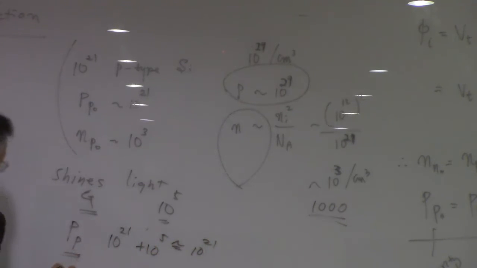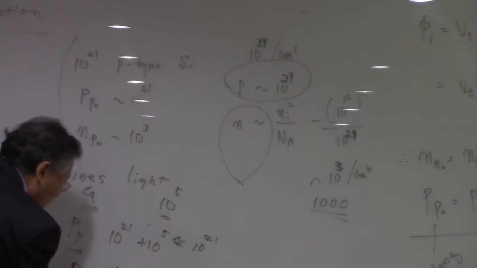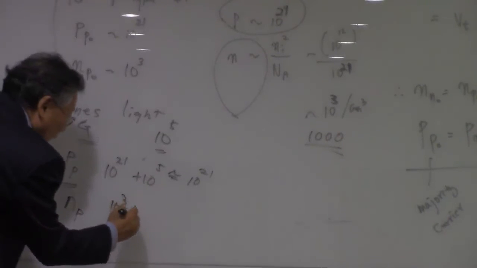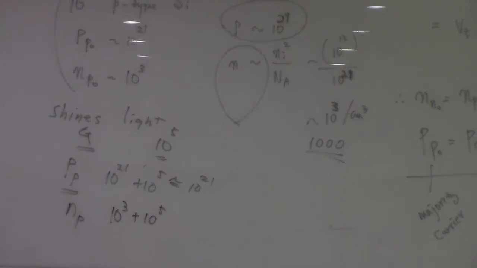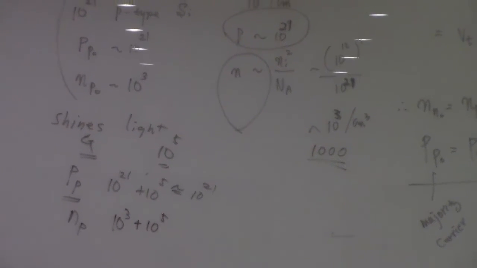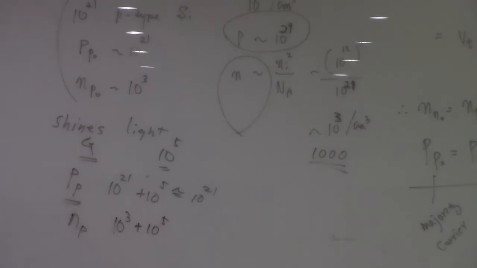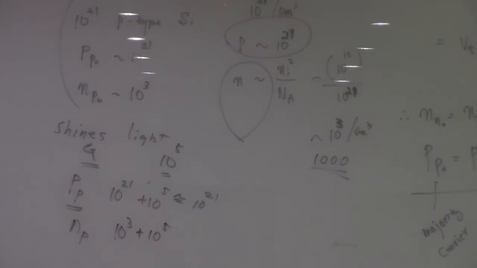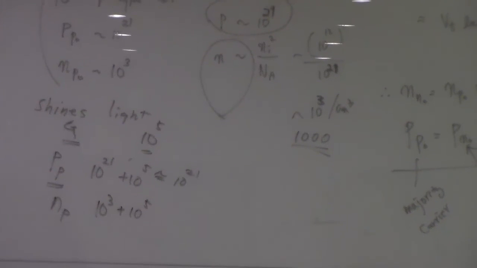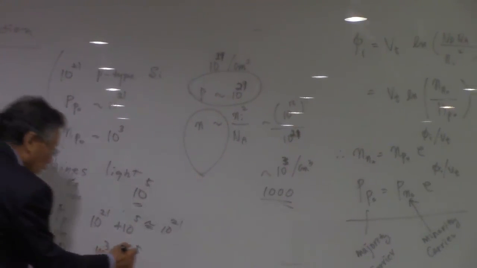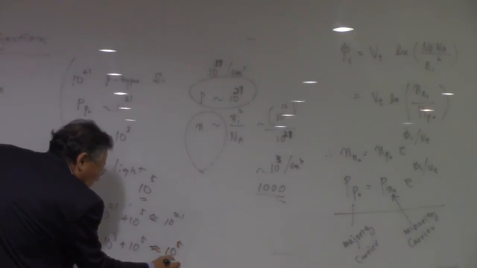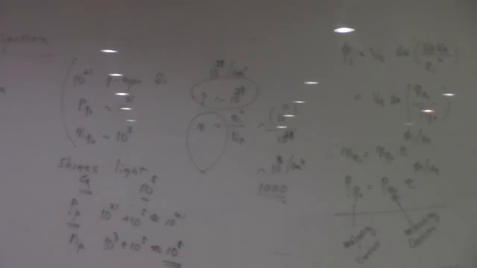But what about n_p in this case? Minority carriers. It originally has 10 to the 3rd, and now it has 10 to the 5th. Because by shining a light, you create the same number of electrons and holes. The electrons in the valence band cross the band gap to sit in the conduction band with the photon energy.